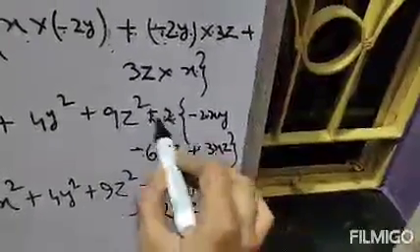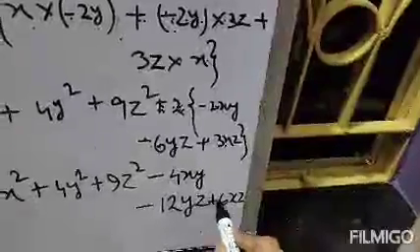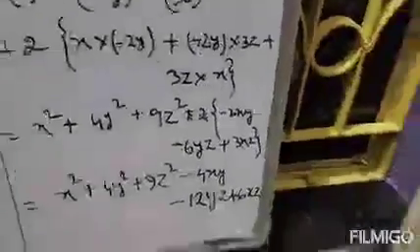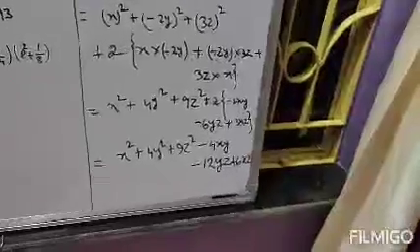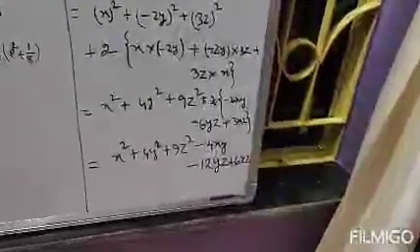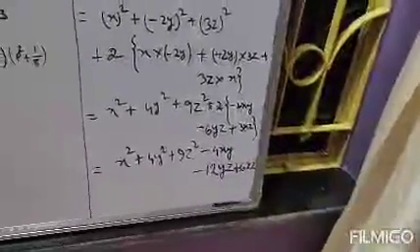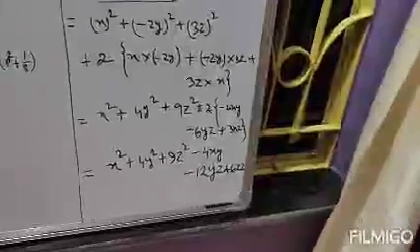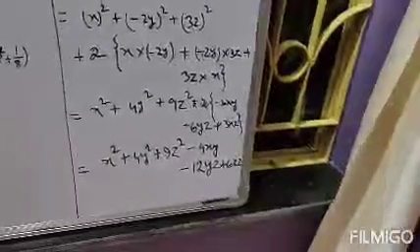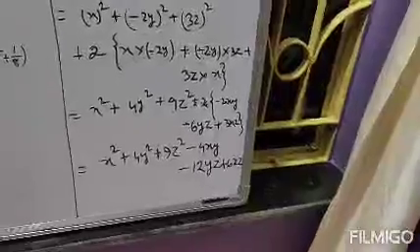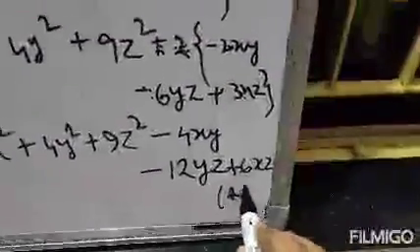Then plus and plus gets plus. So this will be your answer, x square plus 4y square plus 9z square minus 4xy minus 12yz plus 6xz. This is your answer. Clear? So in this way we will solve this type of questions.